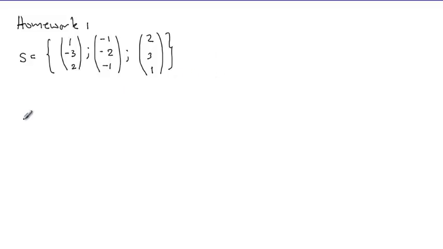The next set is V, where we put (1, 3, 0), (0, 7, 2), and (minus 1, 4, 2).